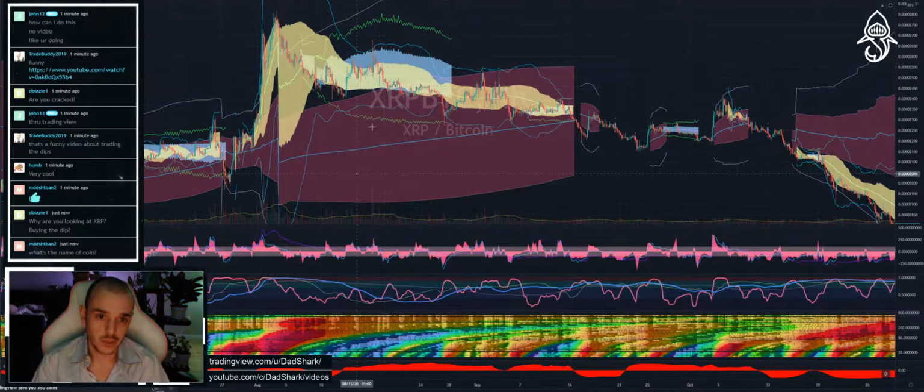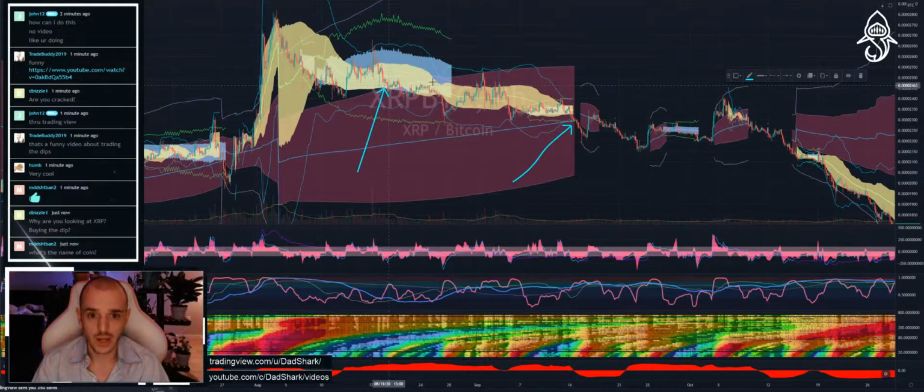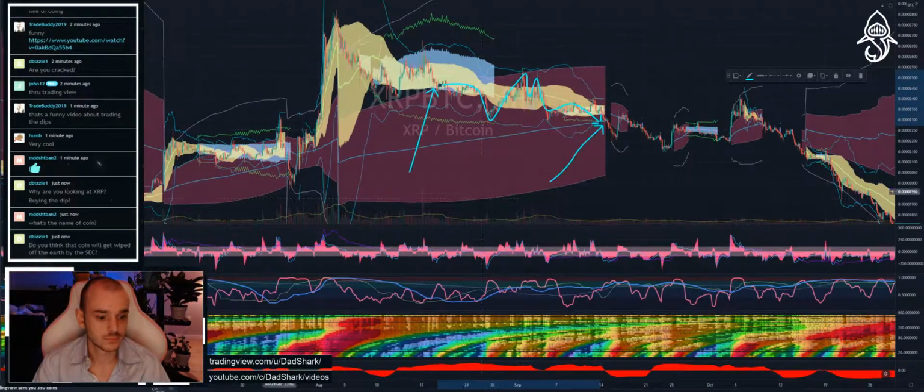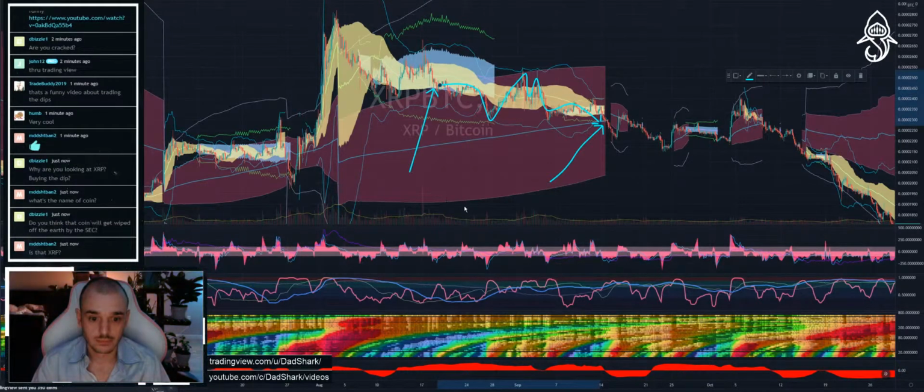It's beautiful. Like you enter the pink band, you go to the blue line, and you will not leave the pink band until you go to the blue line. Beautiful. So yeah, you can science it out. It's just very binary.